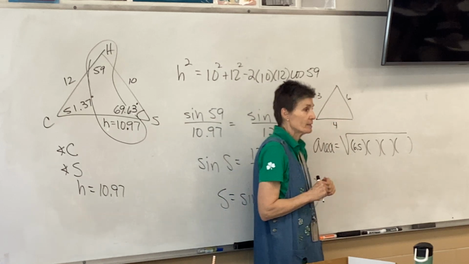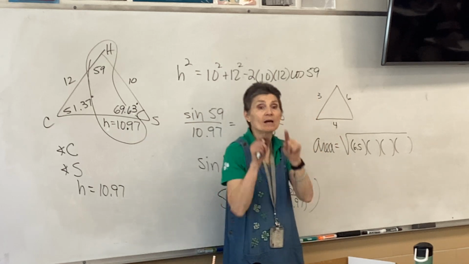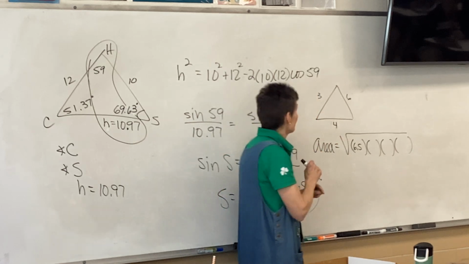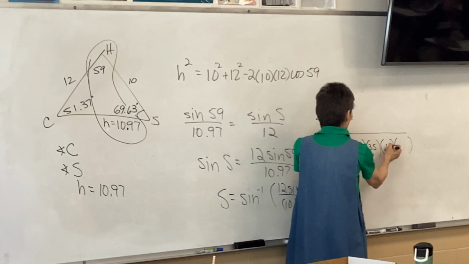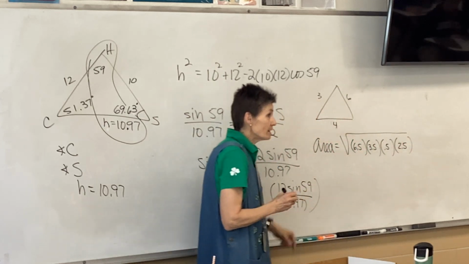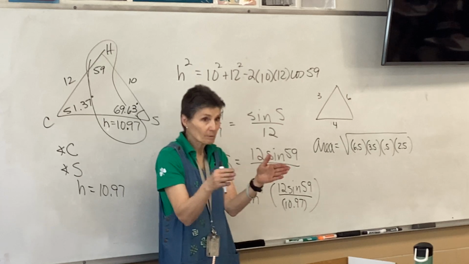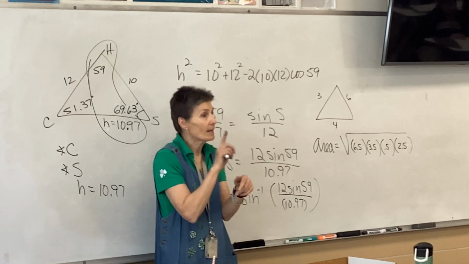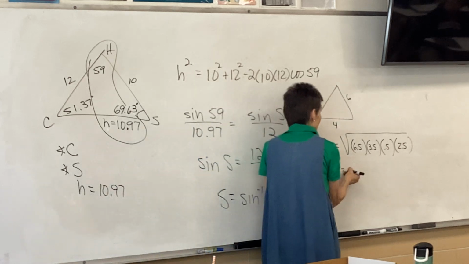What goes in here is 6.5 minus each one. So that will be 3.5, 0.5, and 2.5. Now multiply them all together and take the square root of that. And what do you come up with?